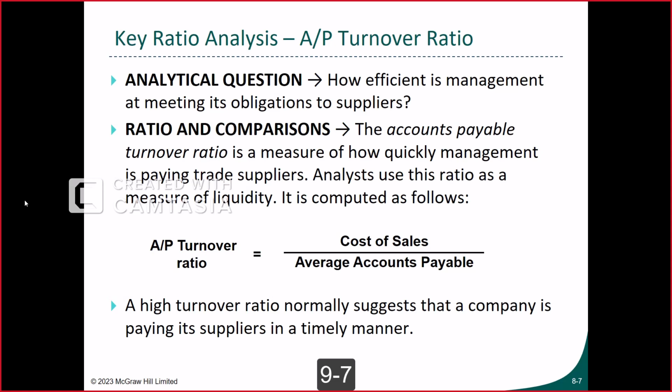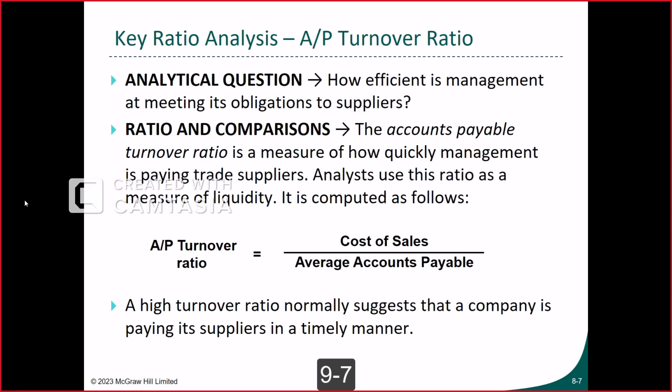And immediately when you calculate this, there is another ratio, even if it is not presented here in the slide, that comes with this, which is the average days to pay. It means you would divide 365 by your turnover ratio, and that gives you the average days to pay. So if it is 23, for example, that means that on average, the company takes 23 days to pay its account payable.